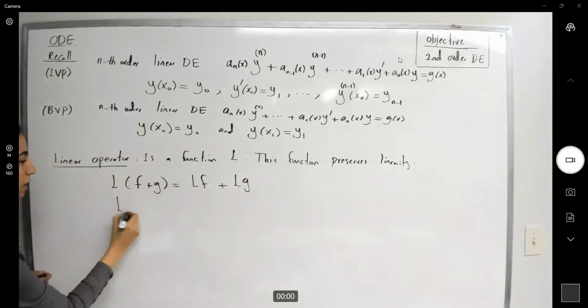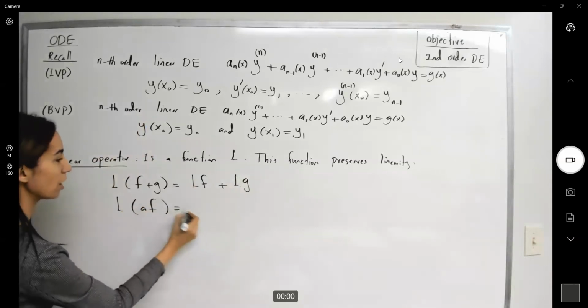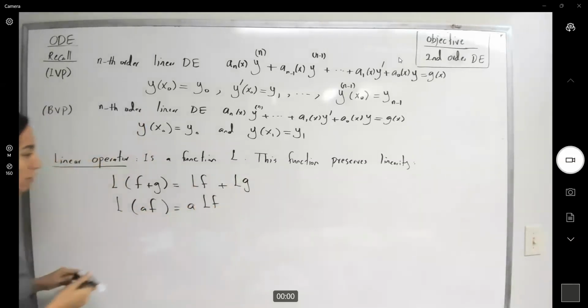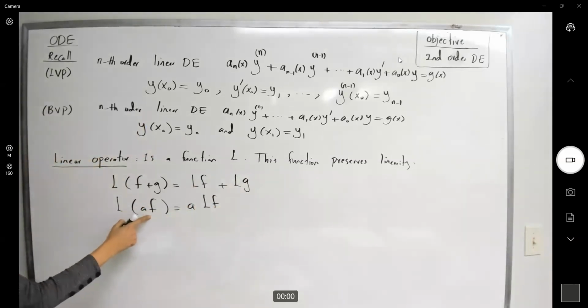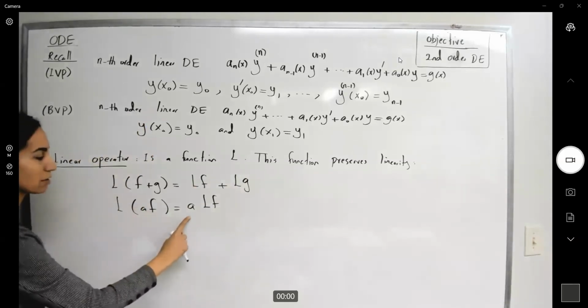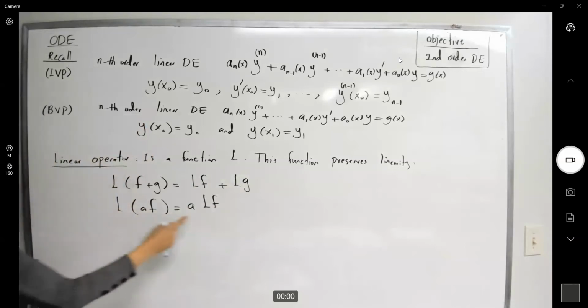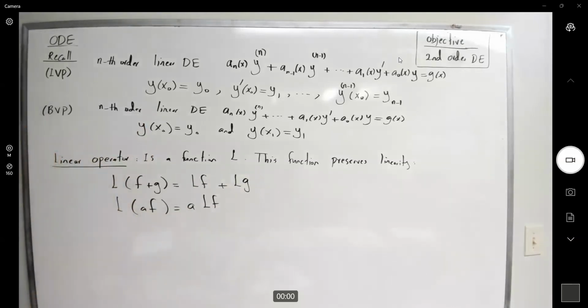And also L of af becomes a times L of f. It means that if you multiply your function by a constant, you can write this constant outside L, outside this transformation. So we say that the linear transformation preserves linearity.